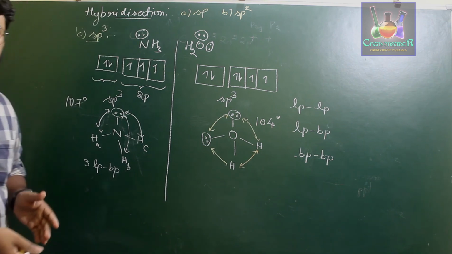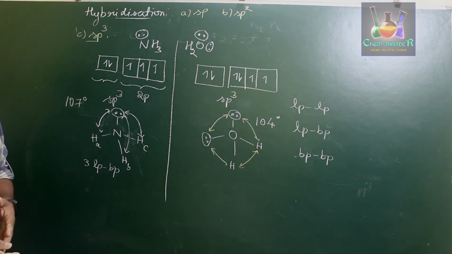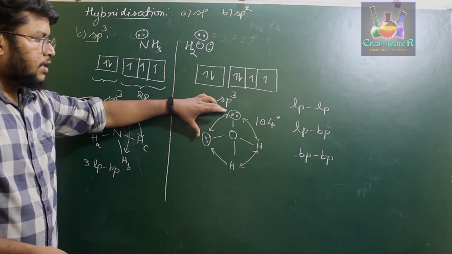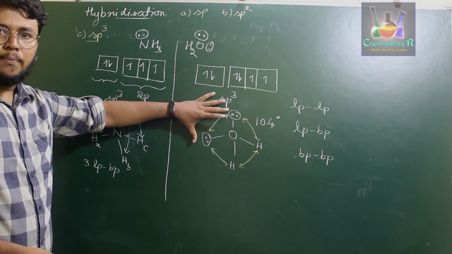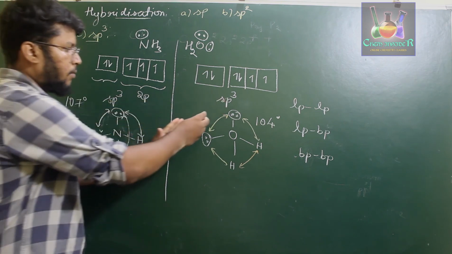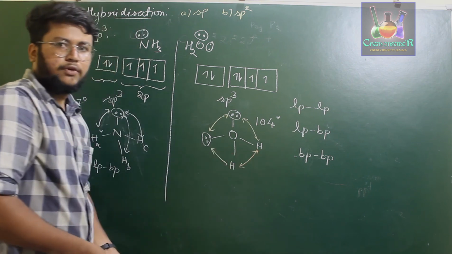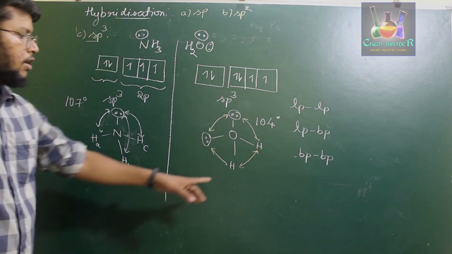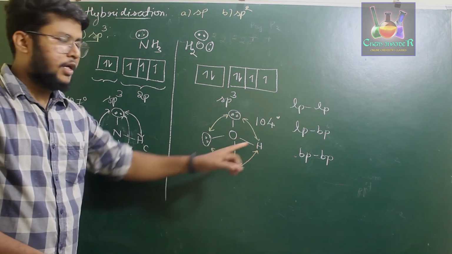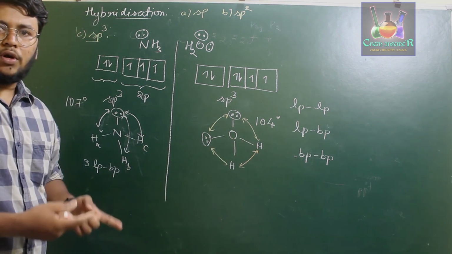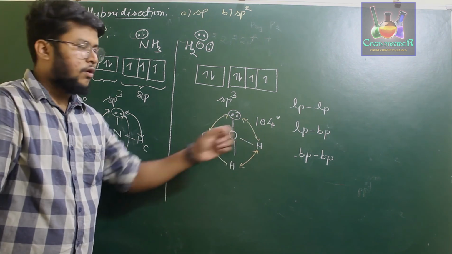Since there are 3 different types of repulsions, these 2 lone pairs will move in opposite directions, which results in shrinking of the hydrogen-hydrogen bond. Therefore, the bond angle of HOH, which was supposed to be 109 degrees, will be 104 degrees.